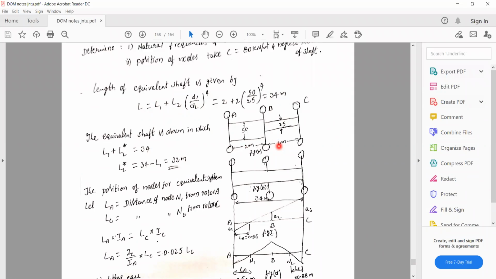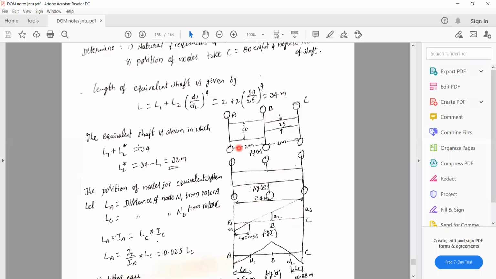That means if the shaft has different diameters, it may also produce lower frequency vibrations. So this one has to get the 34 meters length.